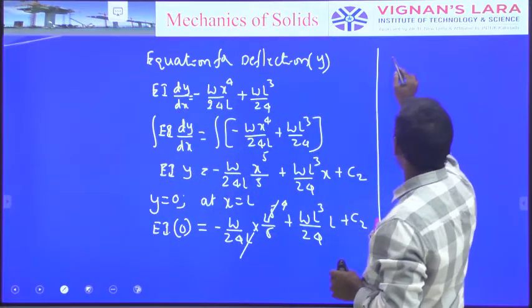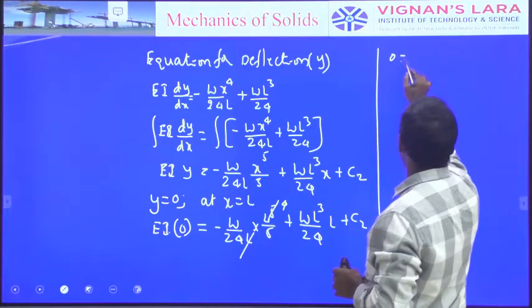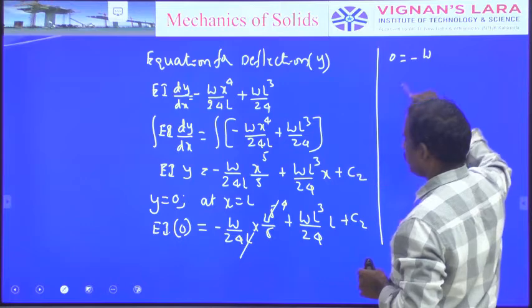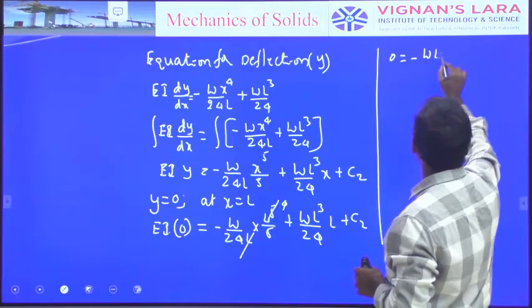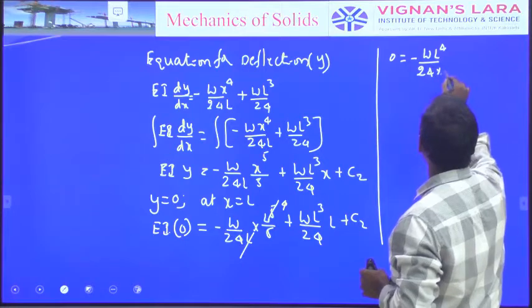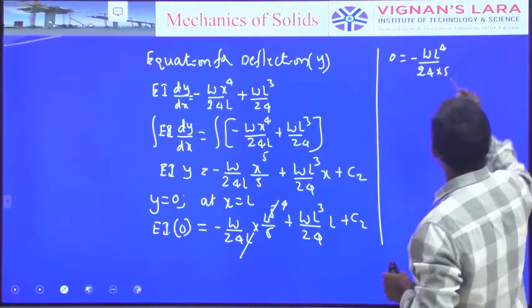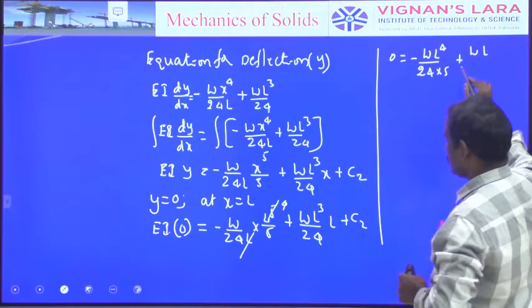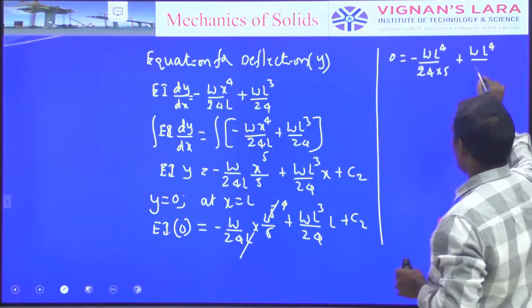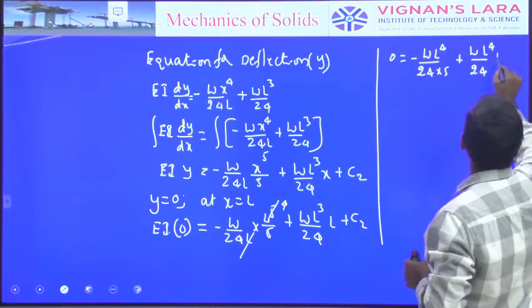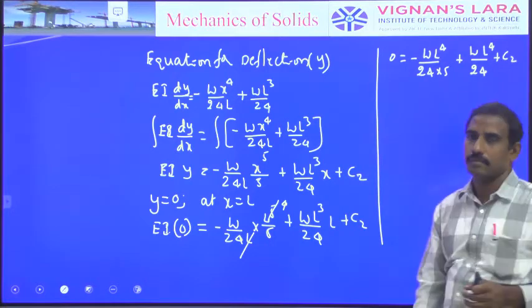So simply 0 is equal to minus W into L power 4 divided by 24 into 5, plus WL power 4 by 24, plus C2.